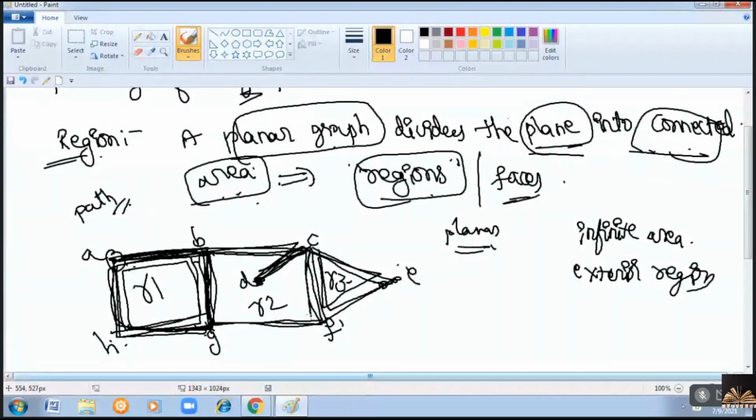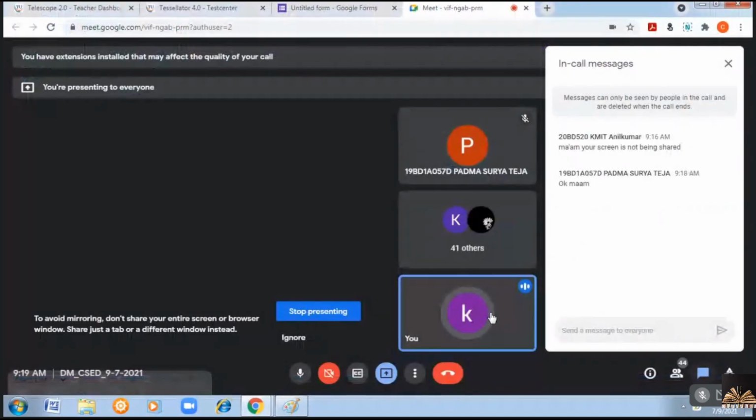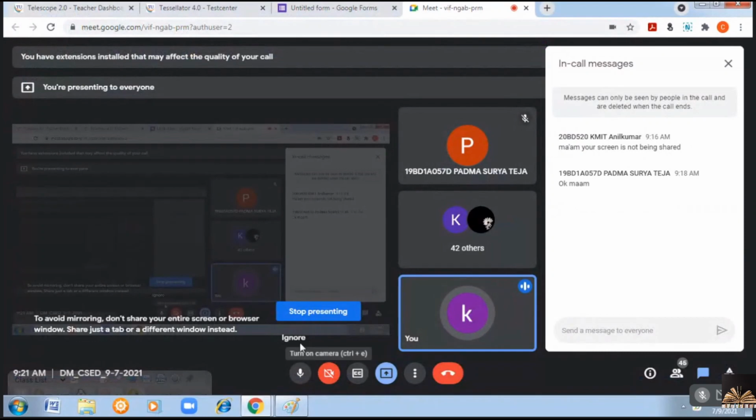Borders are there for these components. B, C, D, F, G are the borders of this component. C, F, E are the borders of this region R3. But there is an area that is infinite. There is a region with an infinite area that is known as the exterior region. So this is our exterior region. In total, there are 4 regions in this given planar graph. There exist 4 regions in this graph. Am I clear, ma'am? In total we have 4 regions in the graph I gave you, right?